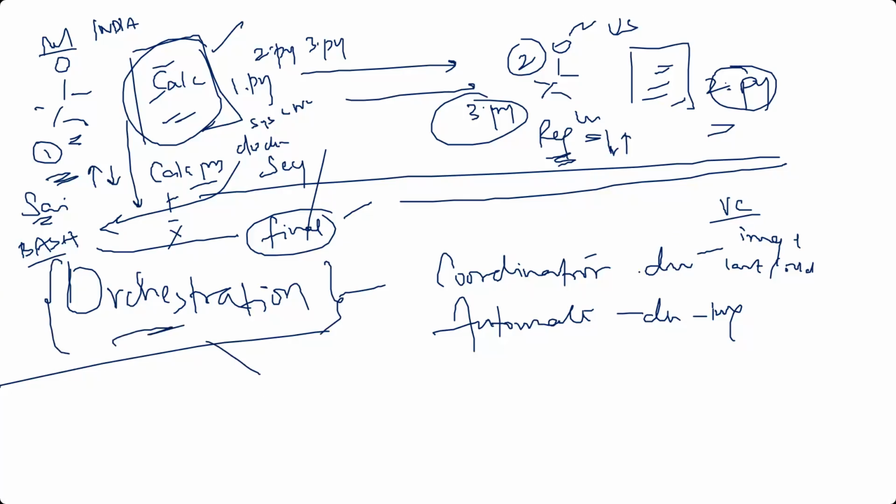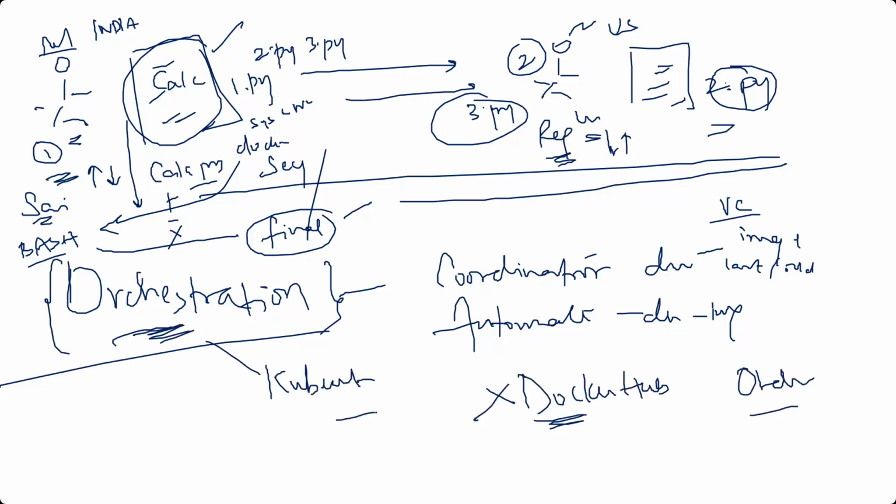So yeah, good question. When you look at Docker Hub and orchestration, when Docker Hub was not there, orchestration was present. Orchestration tools like Kubernetes, which you see today, have almost similar features like containerization and also orchestration.